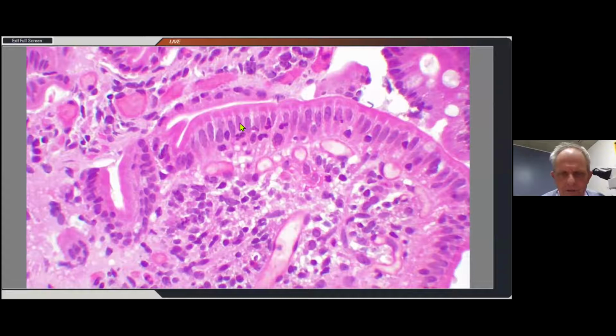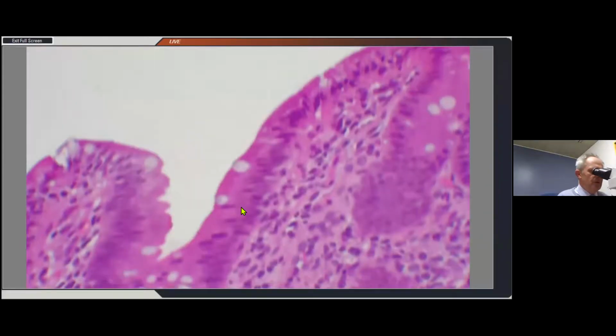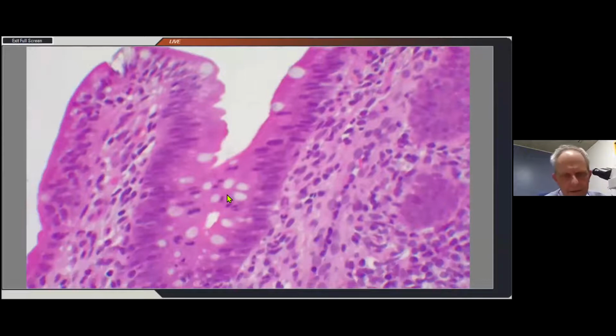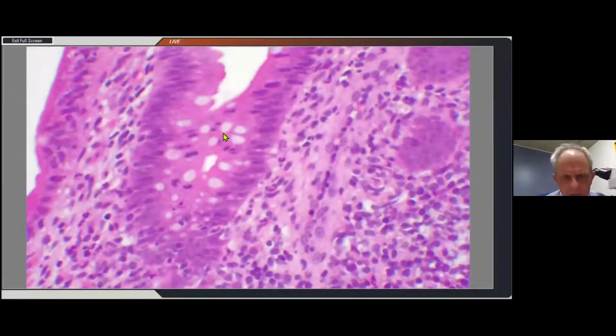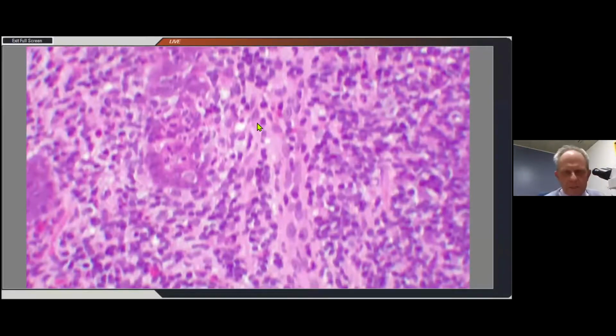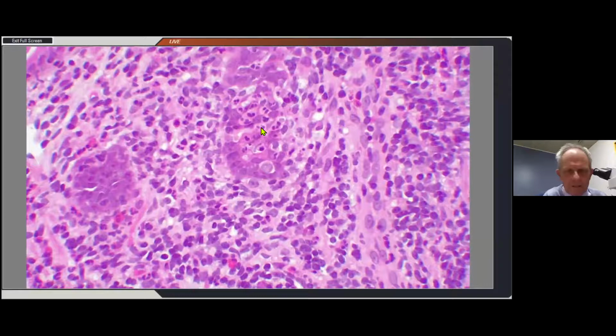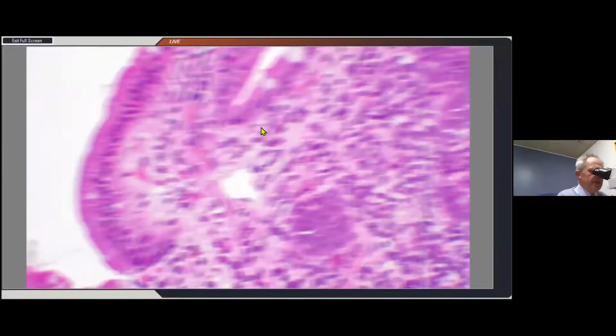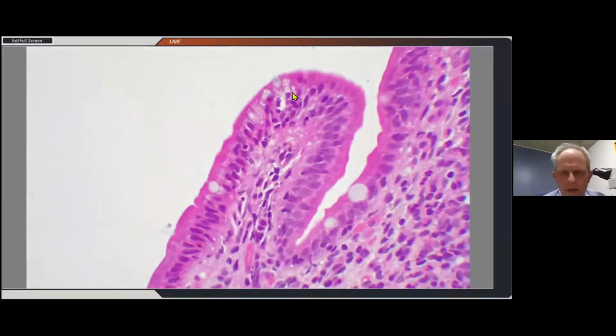These neutrophils are present in the epithelium and in the mucosa. There's another area there where there are large numbers of neutrophils. You can see the neutrophils really well demonstrated in this crypt here, lots of neutrophils migrating into that epithelium. And in this area here, again, large numbers of neutrophils migrating into the epithelium.